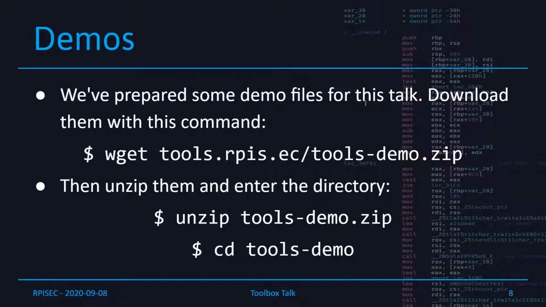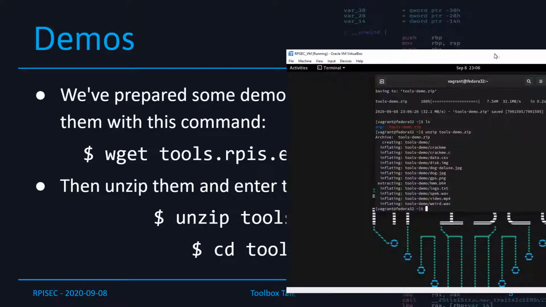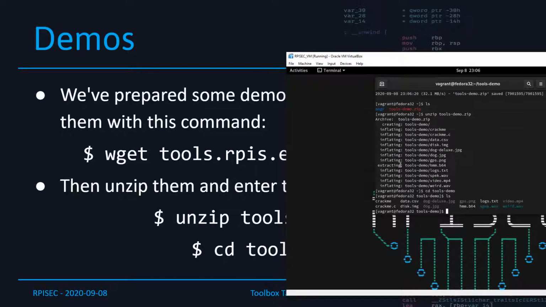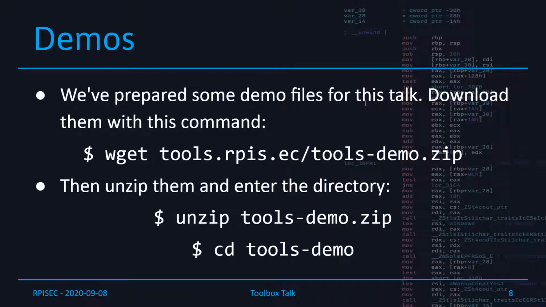You can then unpack that archive with the unzip command, unsurprisingly, and that should give you a whole bunch of files. You see here we got this new directory with all these things in it. If you just do cd toolsdemo, you'll be in there.